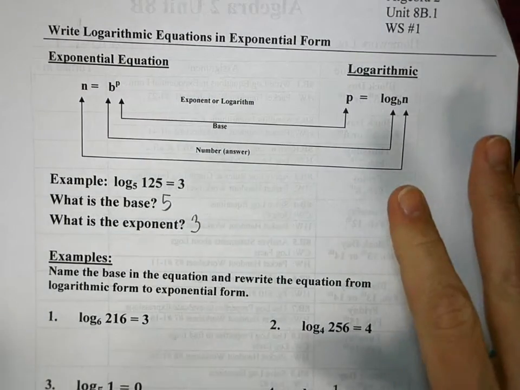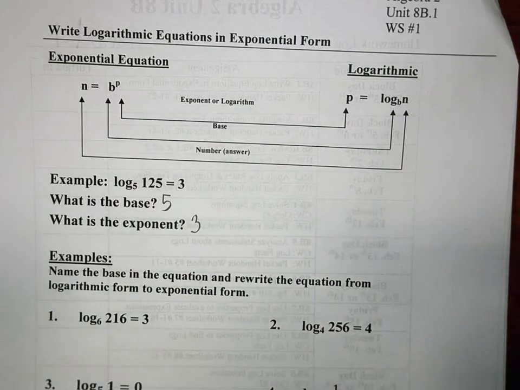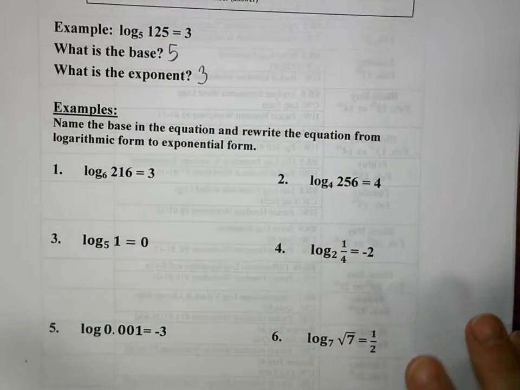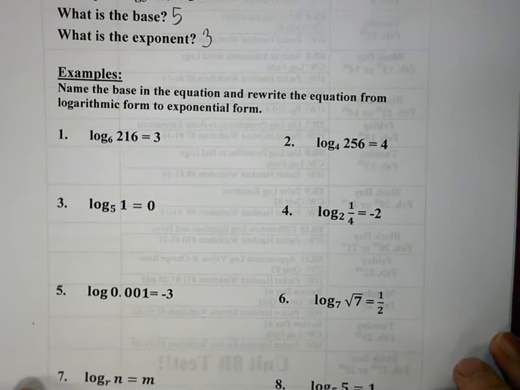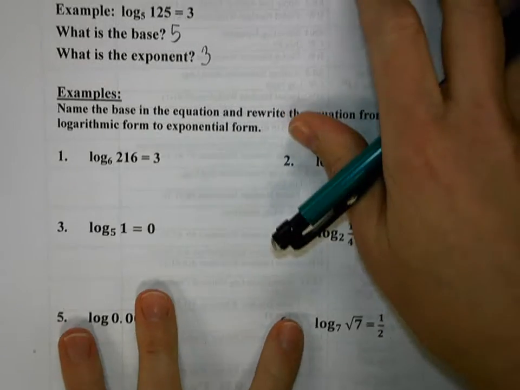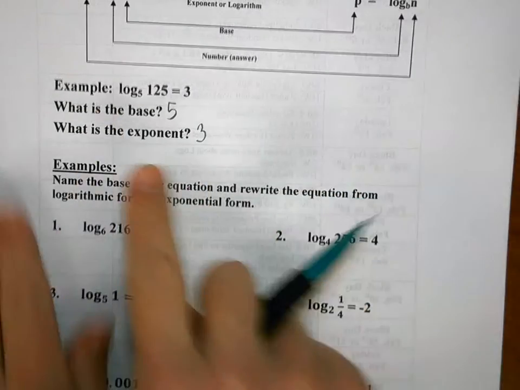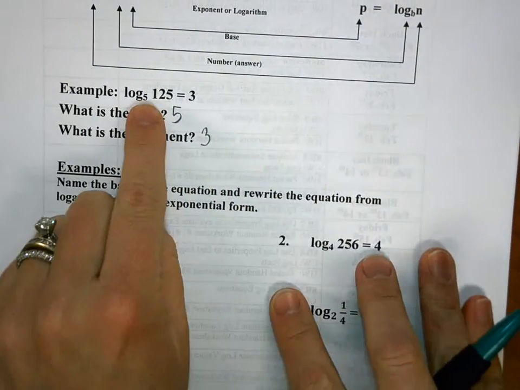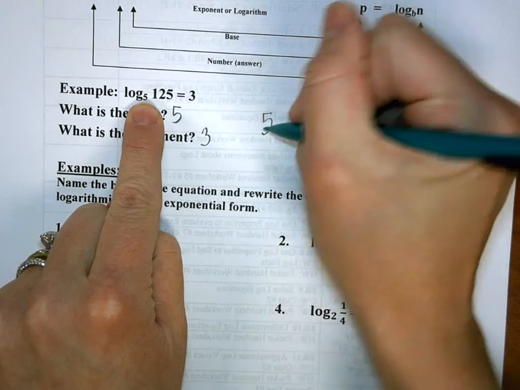Okay, so for this homework assignment, they just want you to get comfortable with changing things from log form into exponent form. So for instance, if we go back to this problem, whenever you're changing it from log to exponent form, 5 is your base.